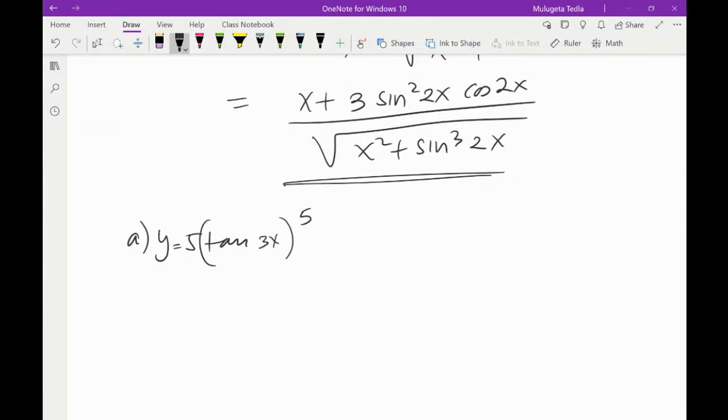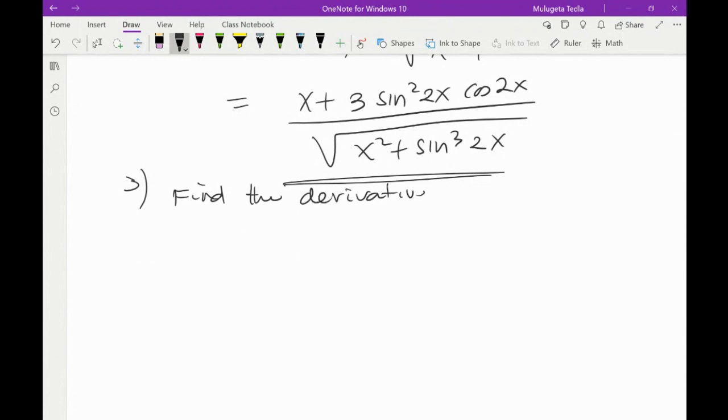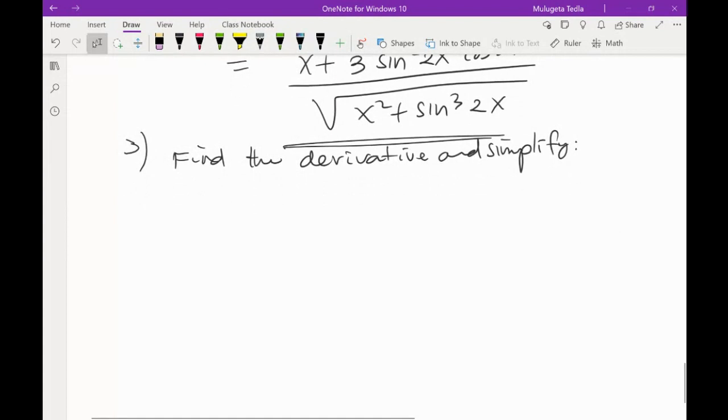So this is number 3. Again, the same instruction: find the derivative with a simplified answer and give the answer in simplified form.